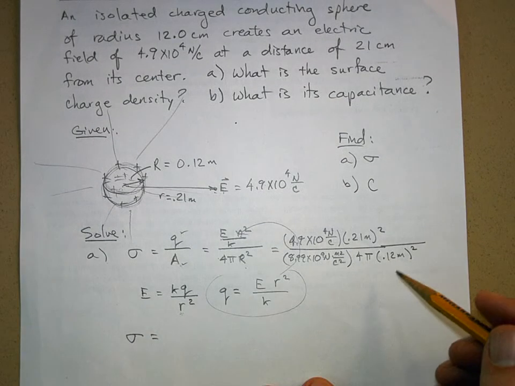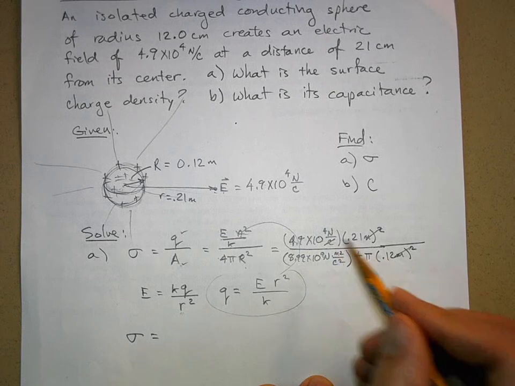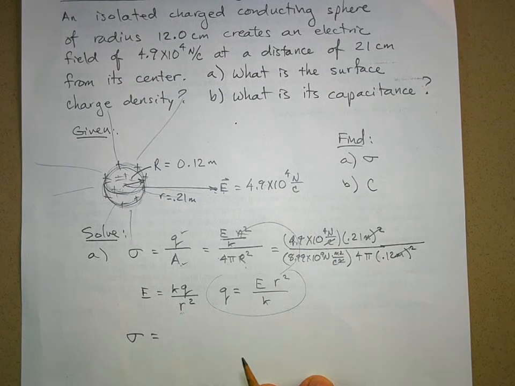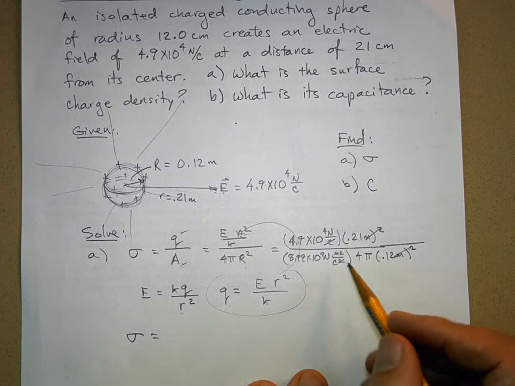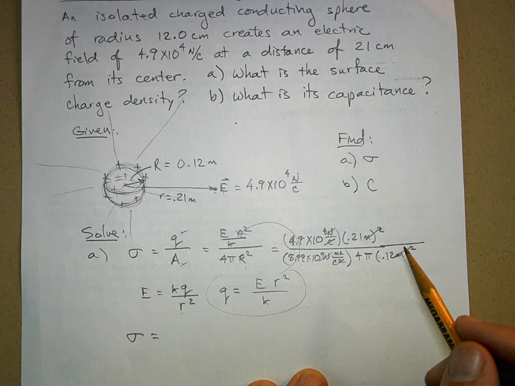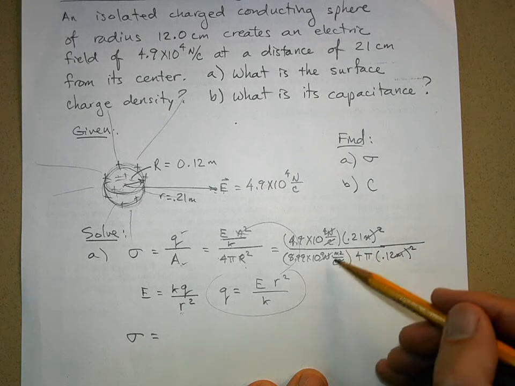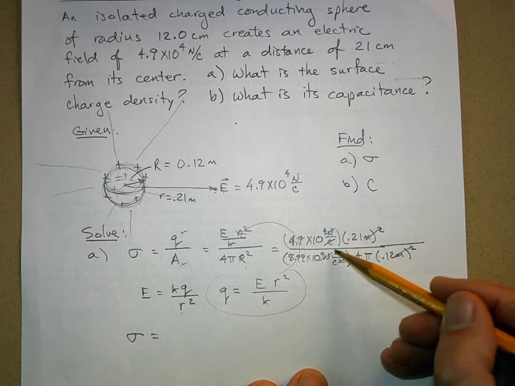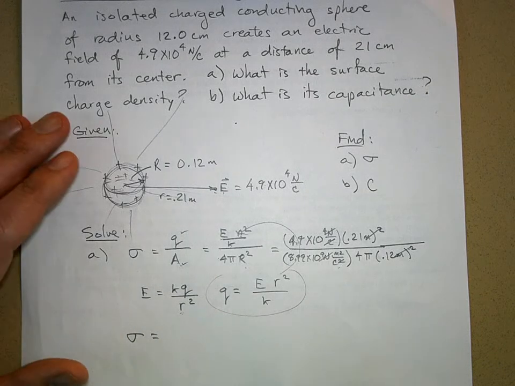Let's check the units here. The meter squared cancels the meter squared. The coulombs cancel the coulombs squared. Let's see, we've got a meter squared on the bottom. The newton cancels the newton, and I have a coulomb. If you reciprocate these units down here, you get a coulomb per meter squared, and that is indeed the correct units for charge density.